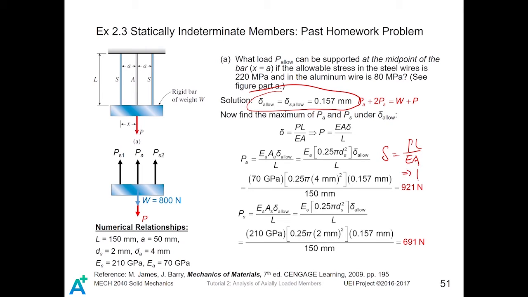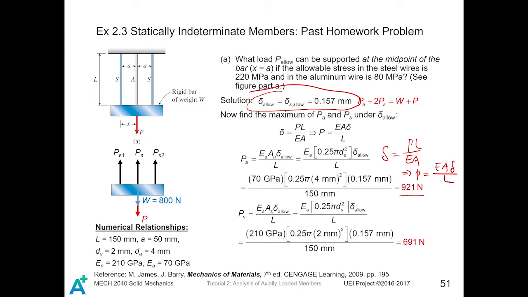That means P equals EA delta divided by L. The allowable load for aluminum equals 70 gigapascals times its cross-sectional area, recalling that those wires are circular in cross-section, times its allowable deformation divided by its original length. Then the allowable load will become 921 newtons.